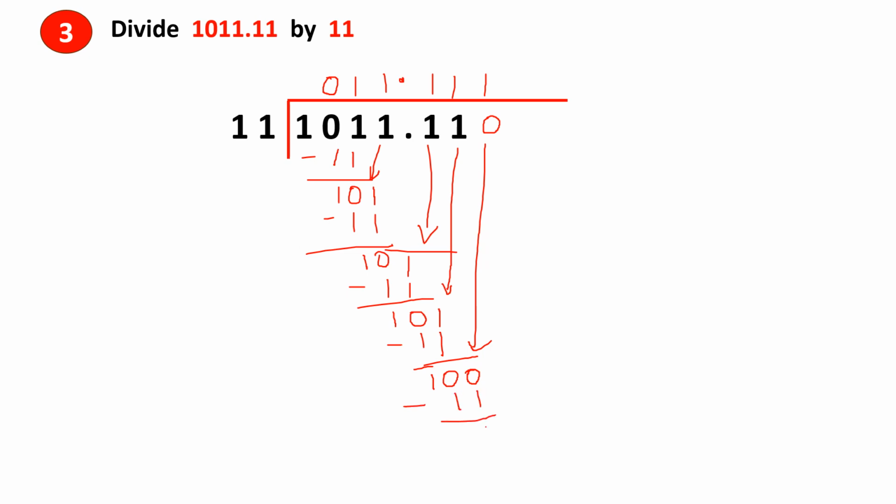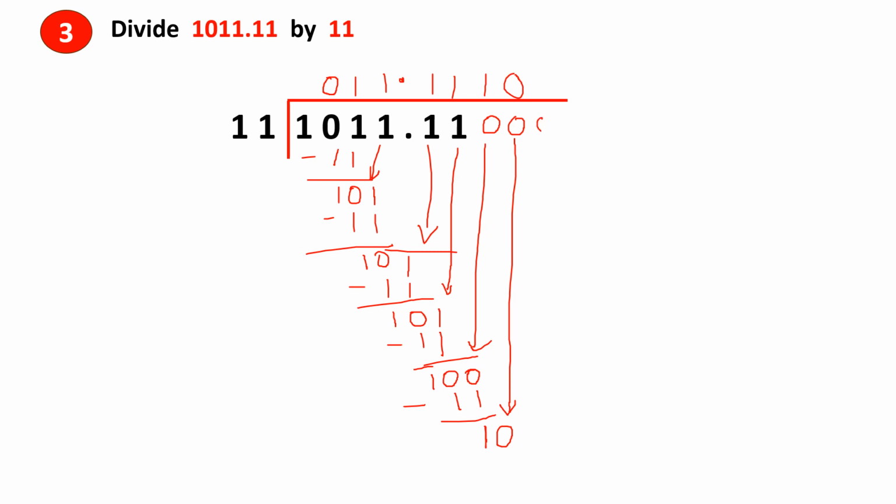So you get the remainder 1, and put a 0. Again add a 0 and bring it down. So here 10, when you compare 10 with 11, 10 is less than 11. So put a 0 here.